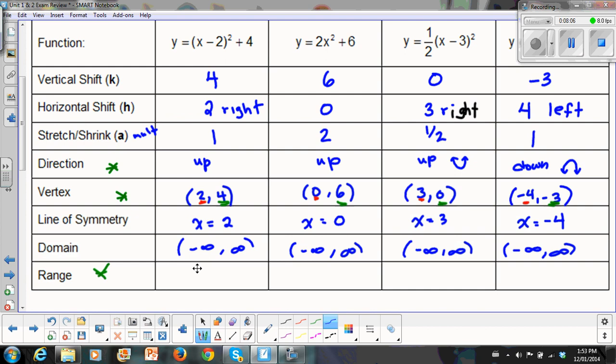Here, because it's opening up, the range starts at 4 and goes to infinity, starts at 6 to infinity, starts at 0 to infinity, and this one starts from -infinity and ends at -3. If you take a look at this little sketch, you can see that it's the negative direction.